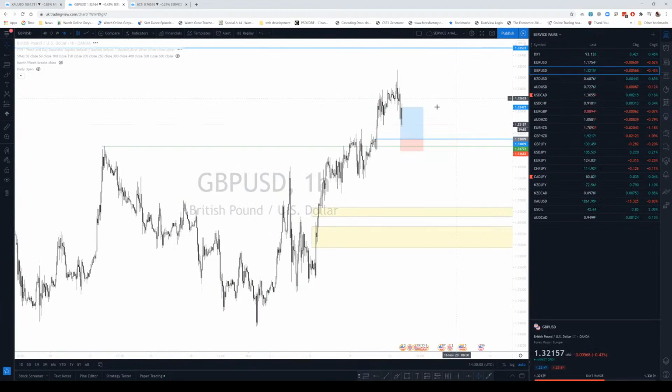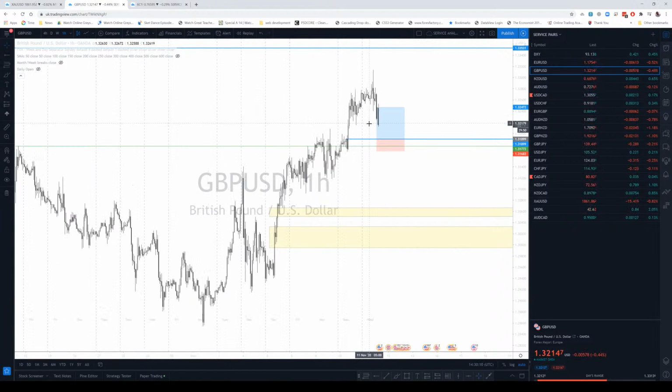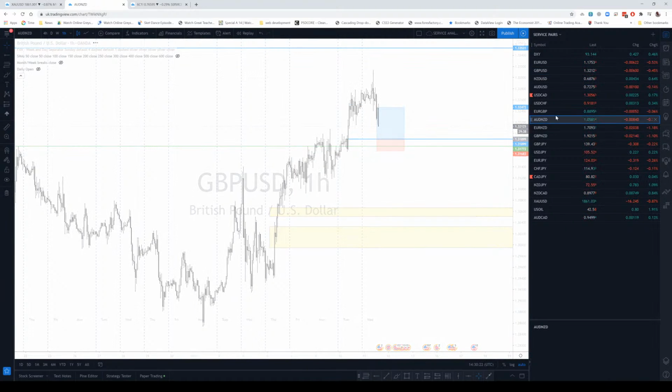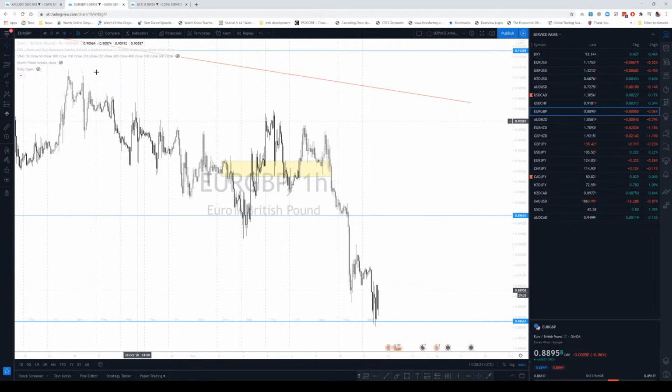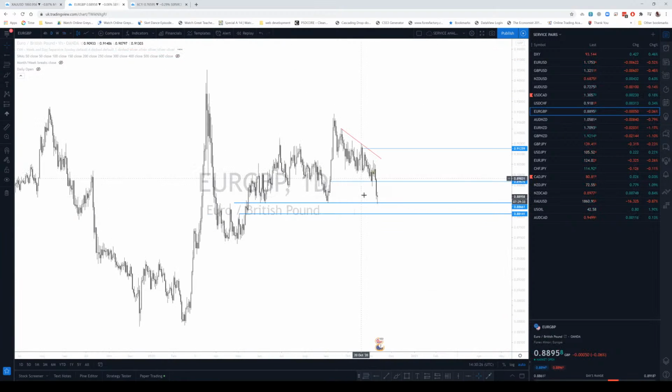On British pound, I'm not doing anything on this because relative strength shows me that the British pound is stronger. Therefore, I'm not expecting this to drop. However, I'm watching Euro pound because Euro pound tends to be bullish in mid-November going into Christmas.